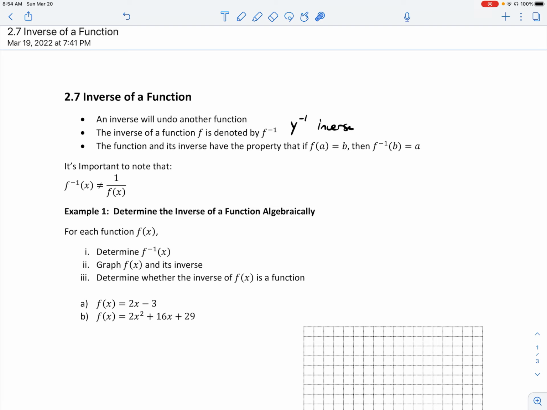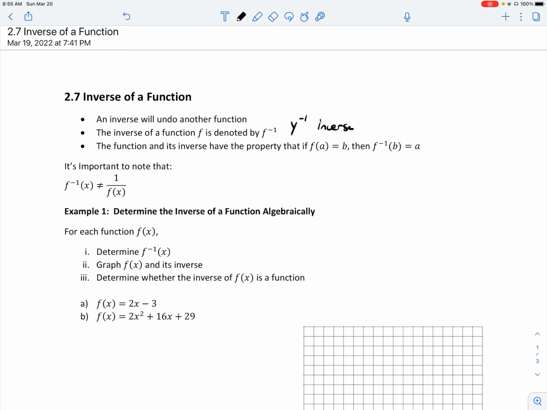So all inverse functions have this property, okay? And that property is that if you insert a into the function, where a represents some input, after it's processed, you get an output b. If you take that output and put it into the inverse function, it's going to give you an output a, which was the original input of the first function.